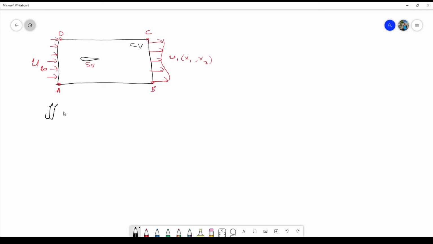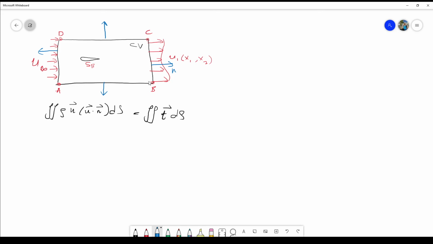Taking the momentum equation that we have for a steady state problem, we have rho u dot n dS, which is equal to the integration of the contribution from the surface forces, and we integrate all over the control volume. At this stage, it is very important as well to draw the directions of the unit normal to the surface.